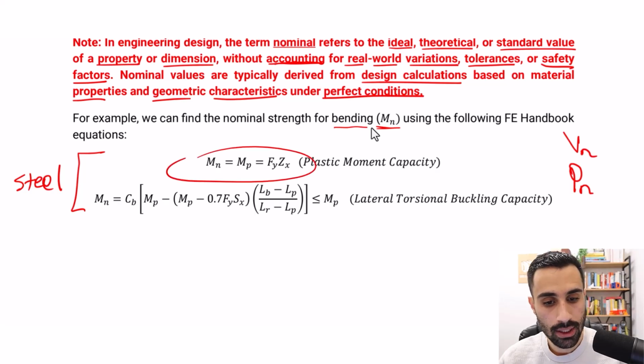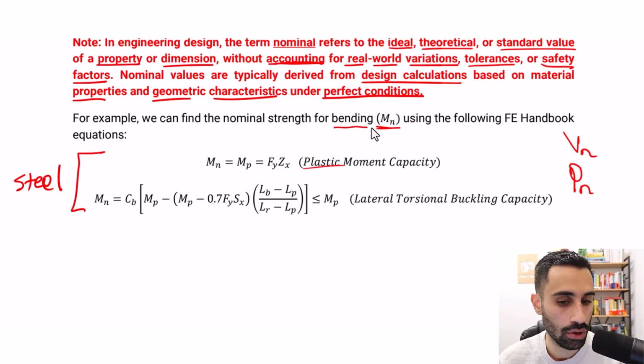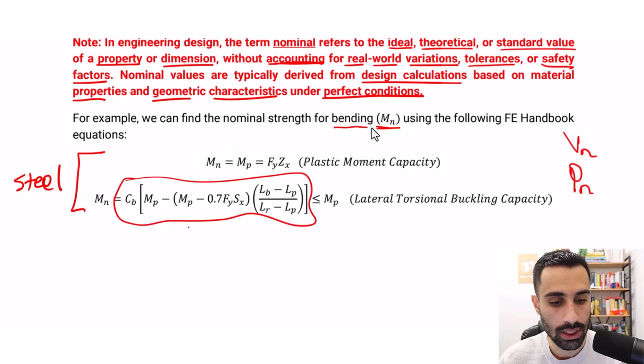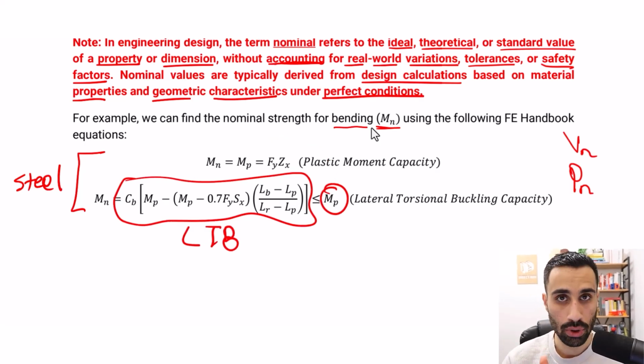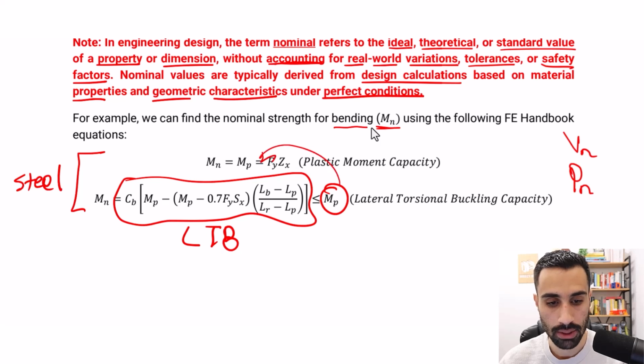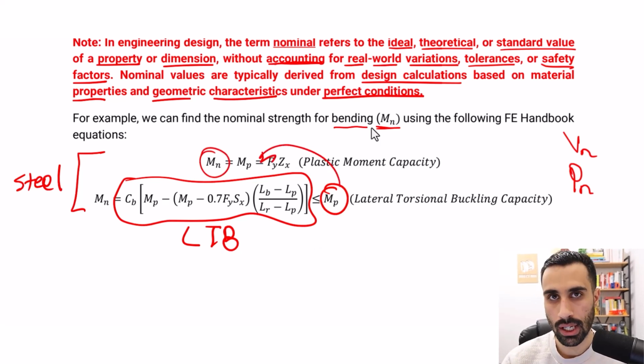So this one is going to be if the plastic capacity controls. This is in the handbook. And this one, we compared the lateral torsional buckling capacity, which is going to be this one, to the plastic capacity, which is this. And the one that comes first, or the smallest one, controls in that case. So this here is the plastic Mp, which would be Mn, really, the nominal.